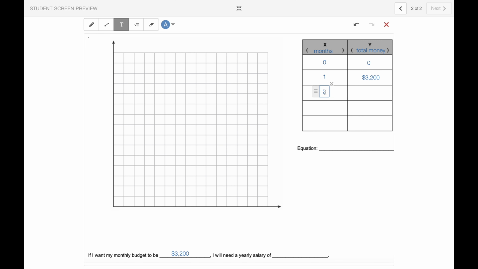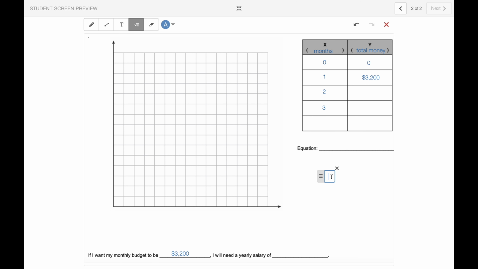What about month 2? How can I figure out how much money I need in month 2? What do you think? One way can be by adding, but since we're going to continue with more and more months, and the numbers are going to be bigger, it might be useful to think about it through multiplication.